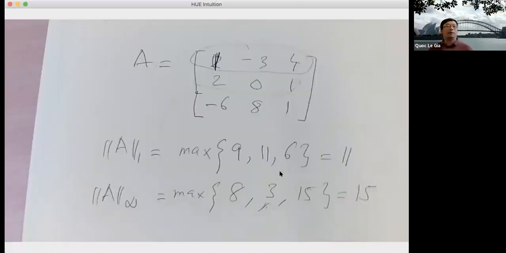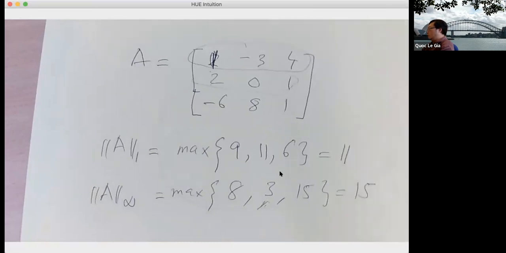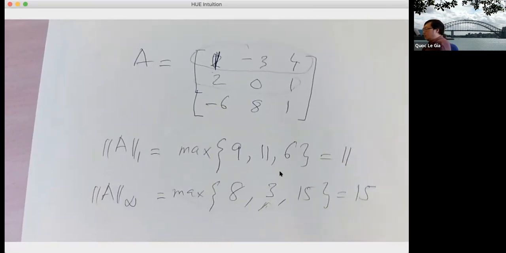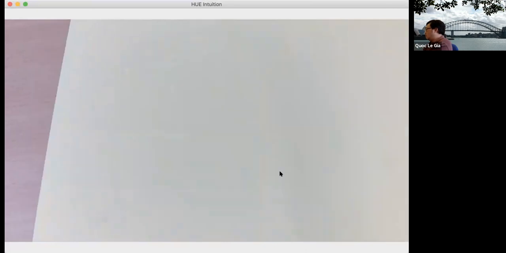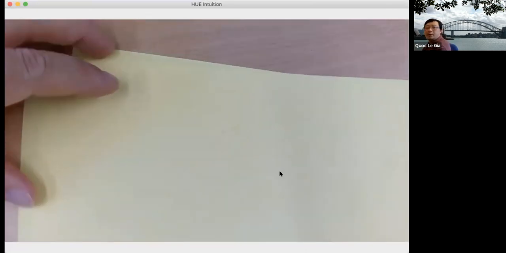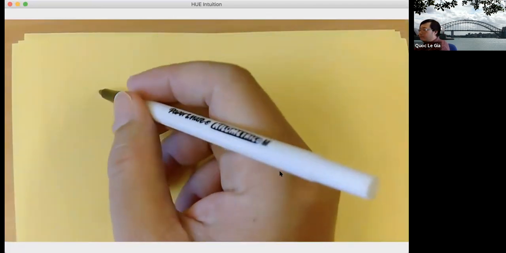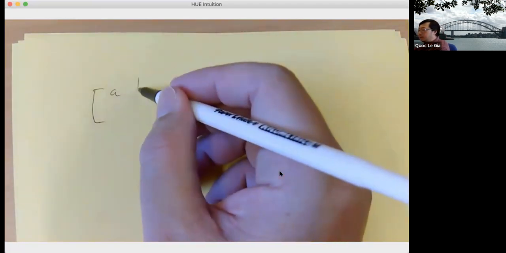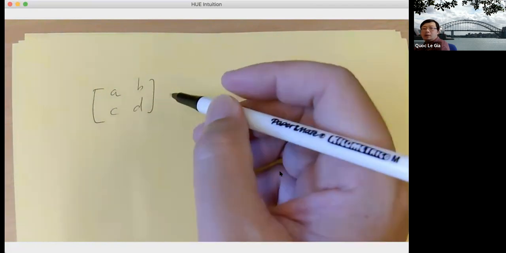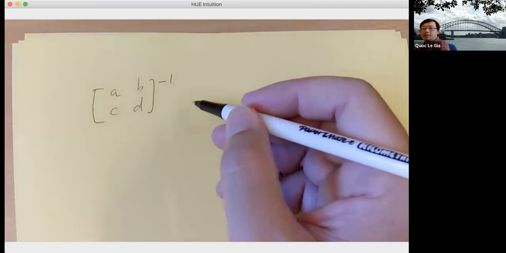So you see that if you have a matrix A, B, C, D, yeah, then there's a formula for the inverse of this matrix.